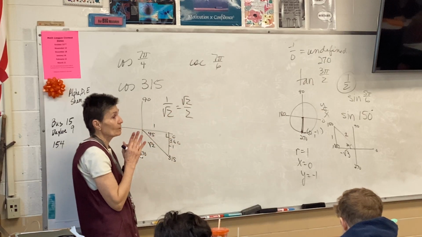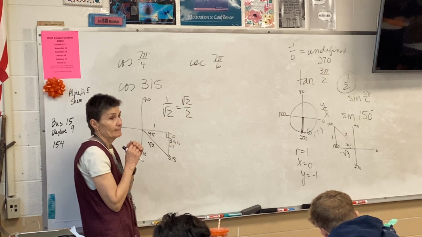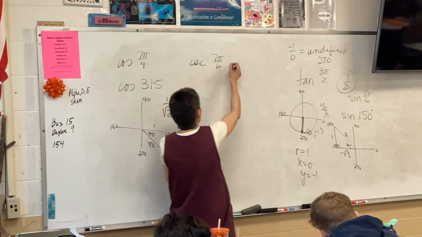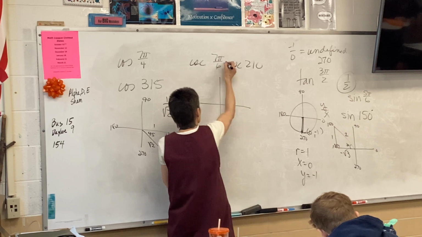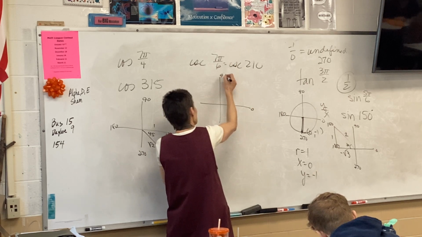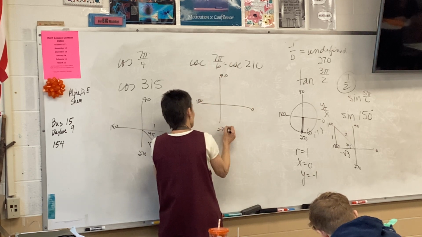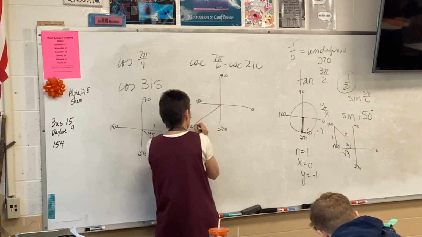One more of those. Cosecant, 7 pi over 6. 210. So again, draw 210. Down here.